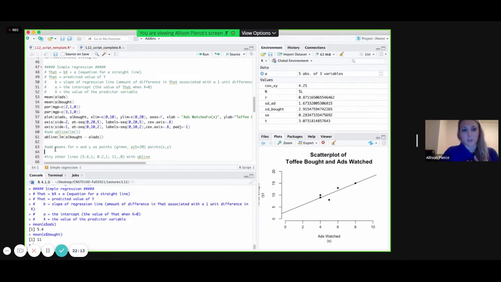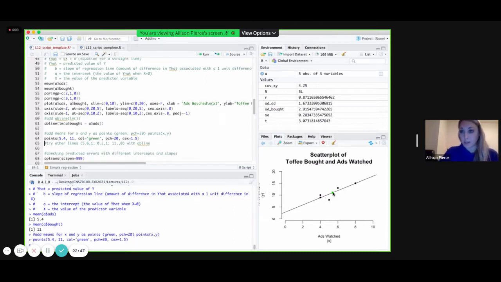So if I wanted to add those in, I'm just adding in points of 5.4 and 11, and I'm going to color them green, just so we can see the mean. These aren't actual data points necessarily that are in the data set. These are just the means that I'm trying to highlight. I'm going to make them a little bit bigger.